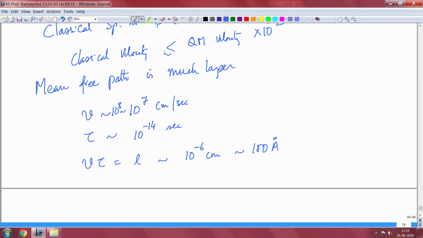And it also correctly gives the thermal conductivity, because the thermal conductivity was overestimated by the classical free electron gas, but for the quantum free electron gas it is much smaller, because the mean free path is much larger.